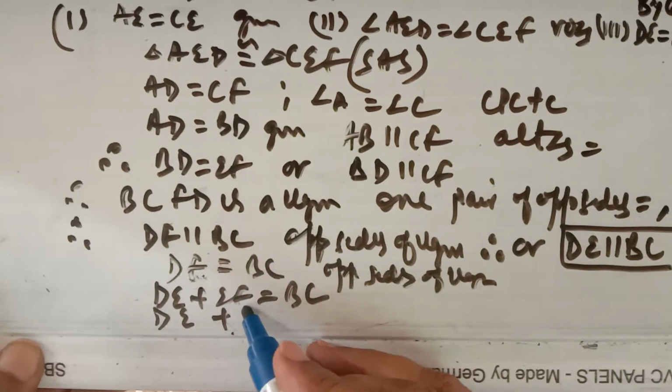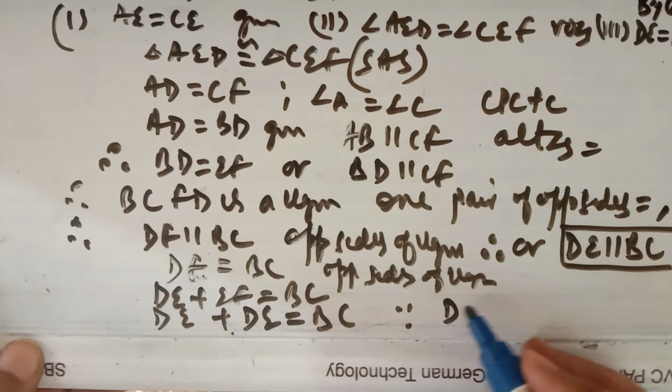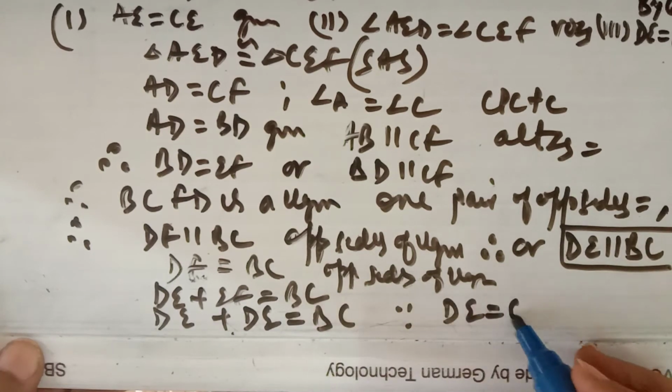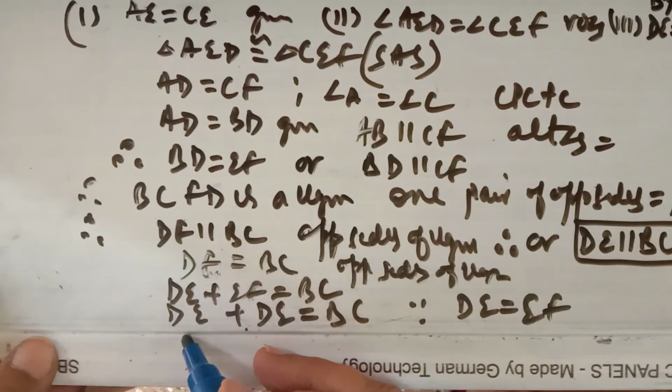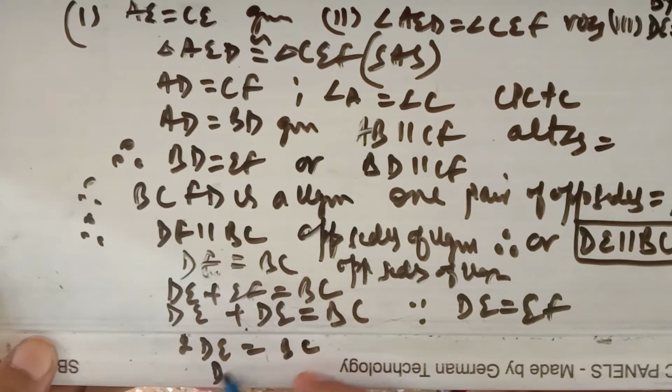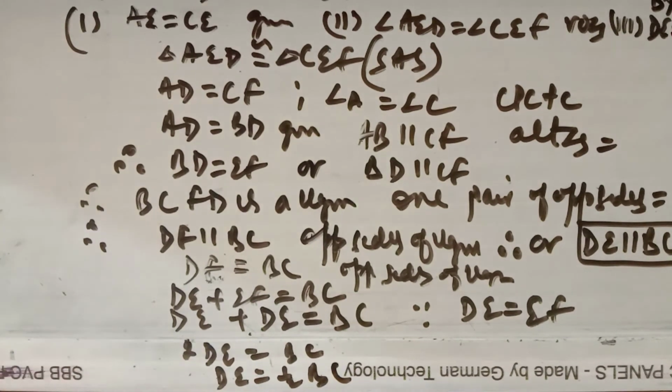So what can you write? 2DE is equal to BC. So DE is equal to half of BC. This is the second part, in which we had to prove that DE is half of BC.